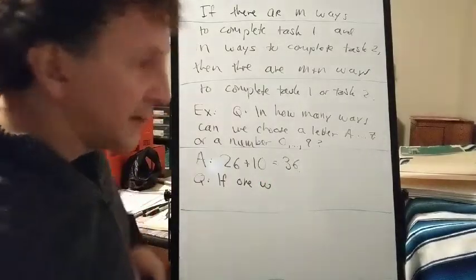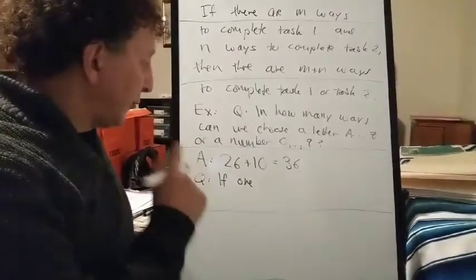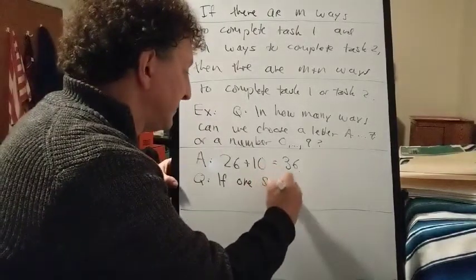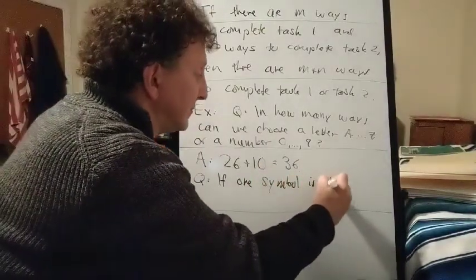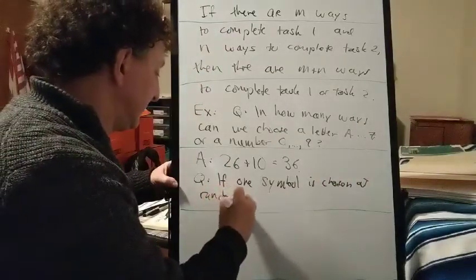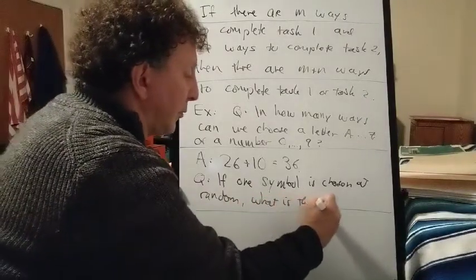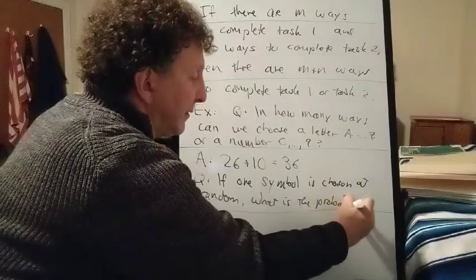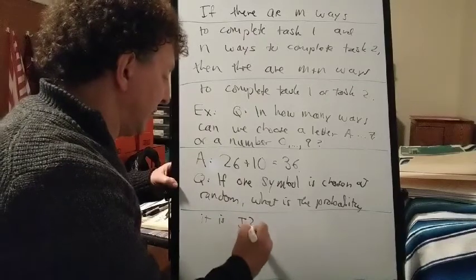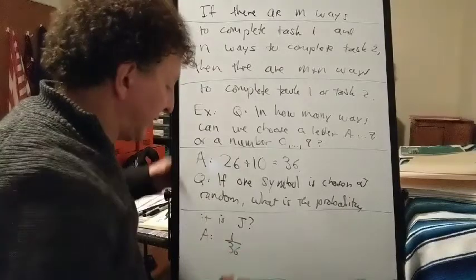If one of these letters and if one of these symbols is chosen at random, what is the probability that it is, let's say, capital J? And the answer is 1 over 36.